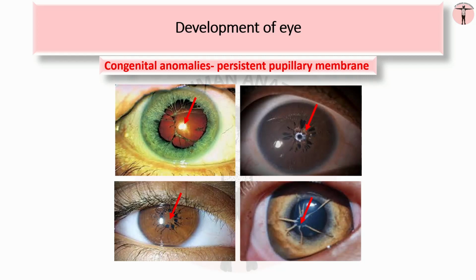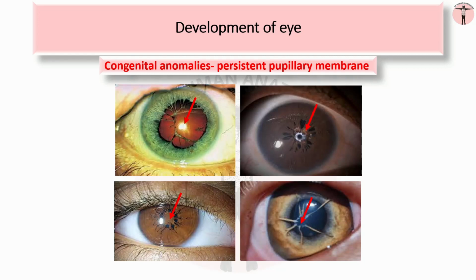Remnants of the central portion of the pupillary membrane that do not reabsorb may be seen with a biomicroscope and appear similar to strands of a spider web attached to the surface of the iris.